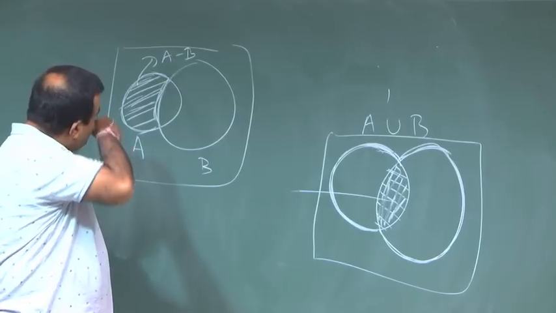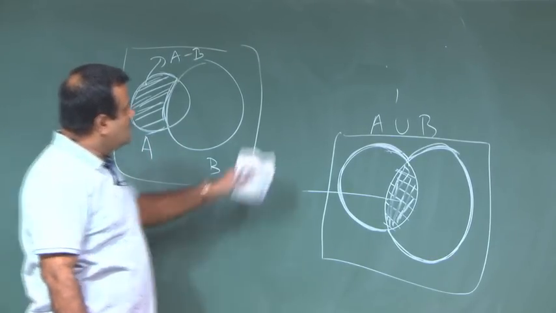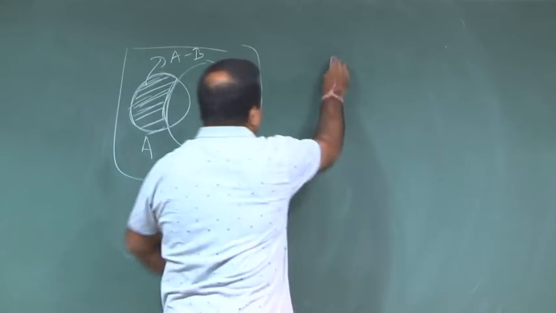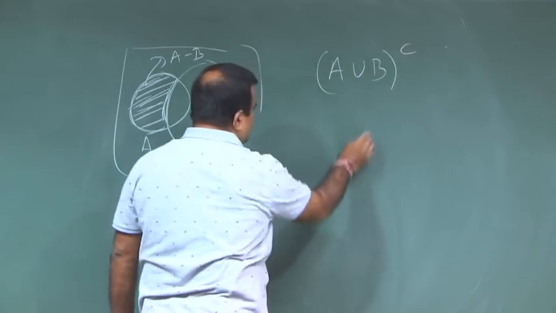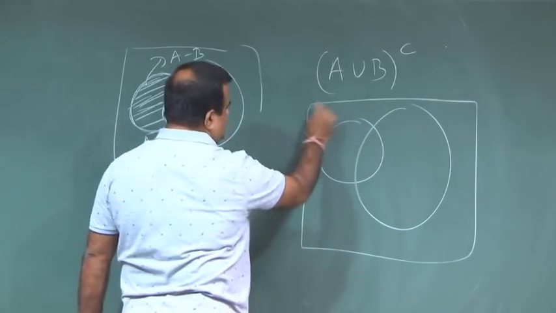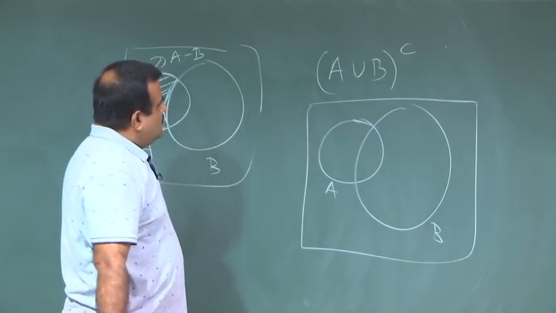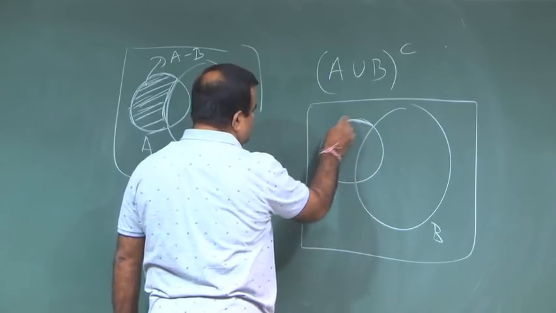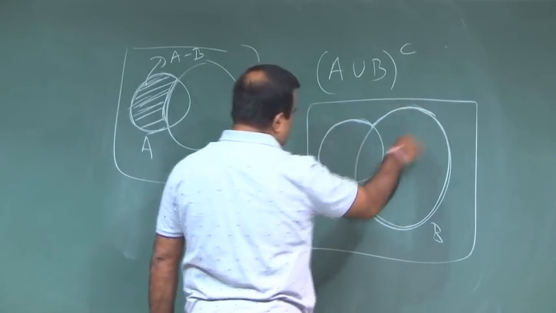Okay. So, this will help us to see the proof, like if we want to see what is the complement of A union B. Suppose this is the set A, this is the set B, this is the universe. Now, what is A union B? A union B is this one, all the elements over here.